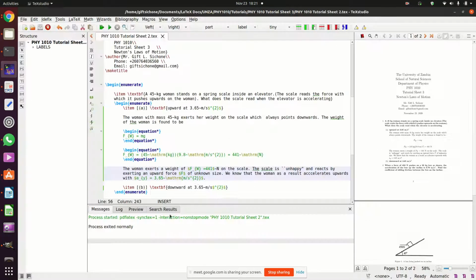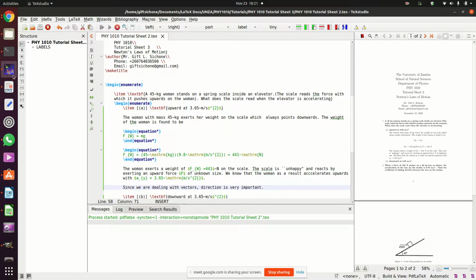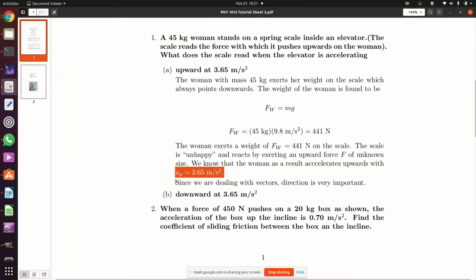Okay. Now the next thing is, since we are dealing with vectors, direction is very important. Since we are dealing with vectors, direction becomes very, very important.